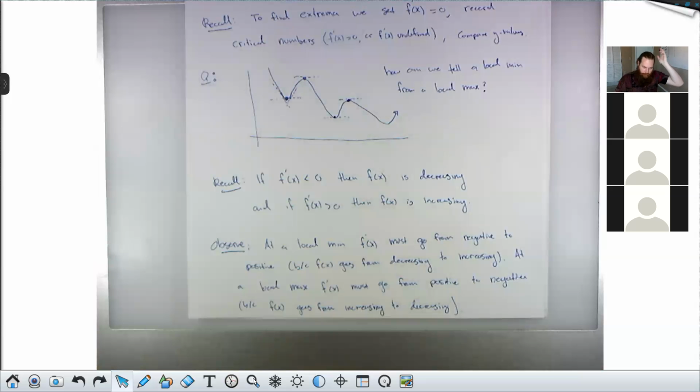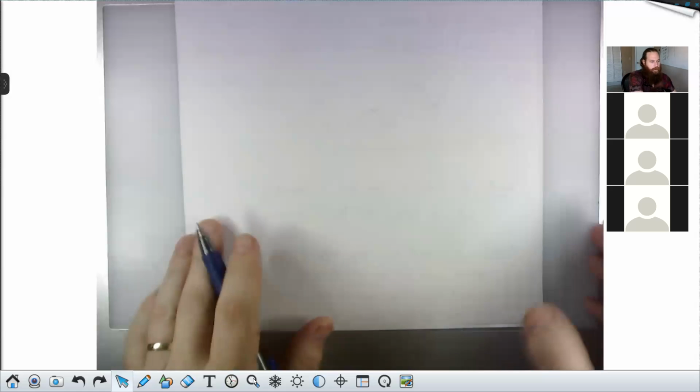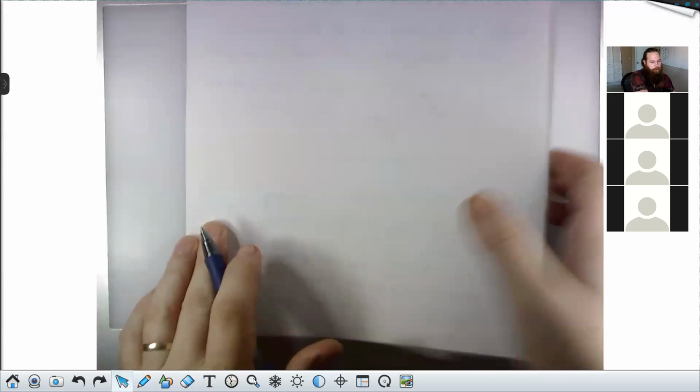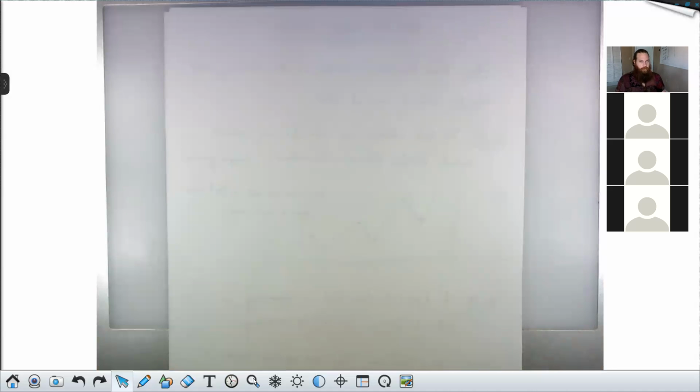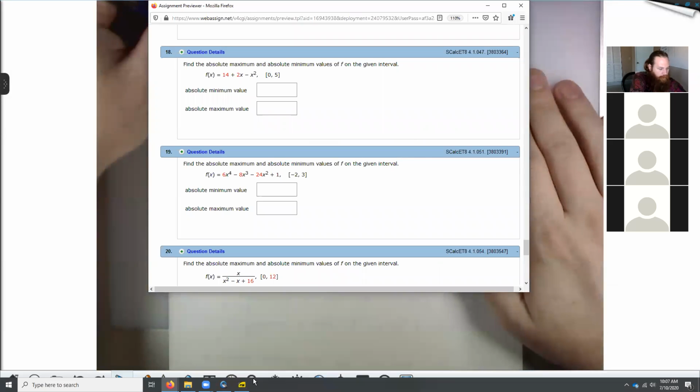So let's take a look at that problem with this in mind. And not only are we going to find the absolute min and absolute max like the problem asks us to, but we're also going to characterize the local min and local max. So I'll write this down. This is homework 8, number 19.